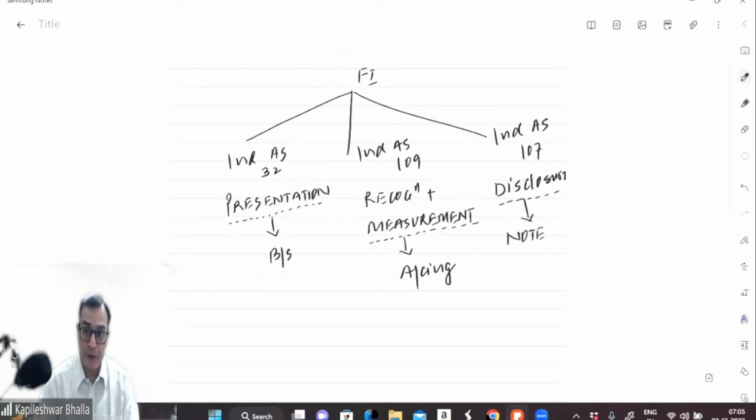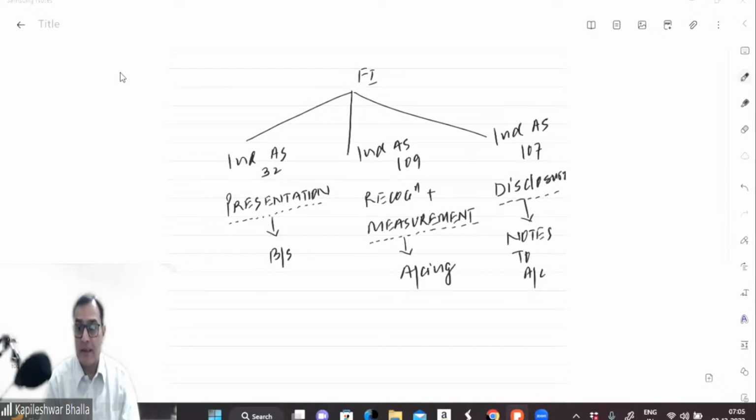So you can well imagine the complexity involved in the standard, but I think complexity always creates an interesting situation as well. So when I take you to the standard, we're going to go first discussing Ind AS 32 with you. After discussing Ind AS 32, I'll move on to Ind AS 109, followed by Ind AS 107.